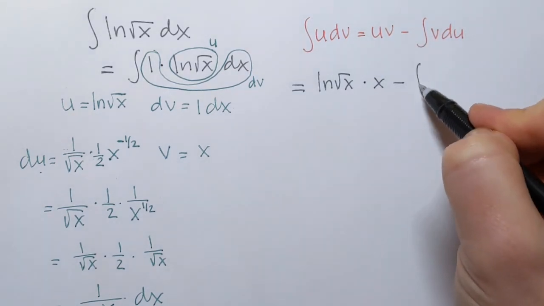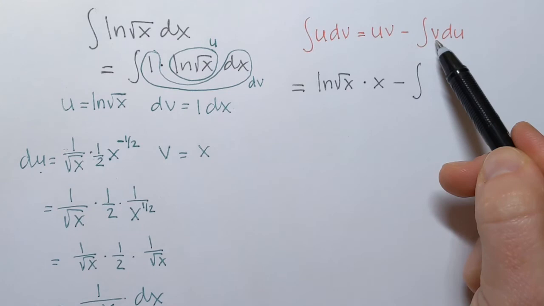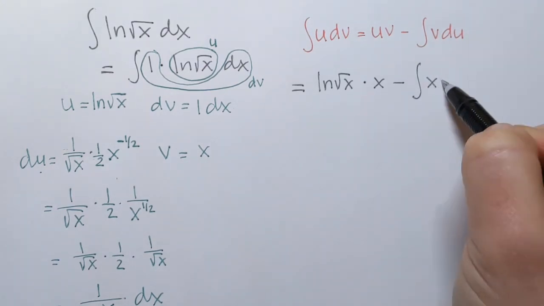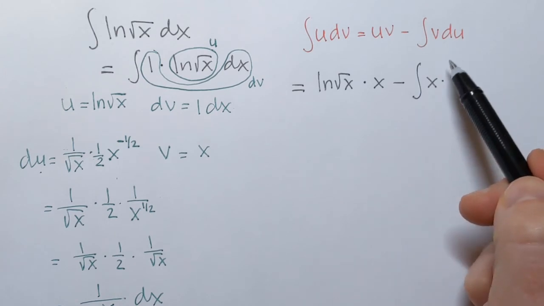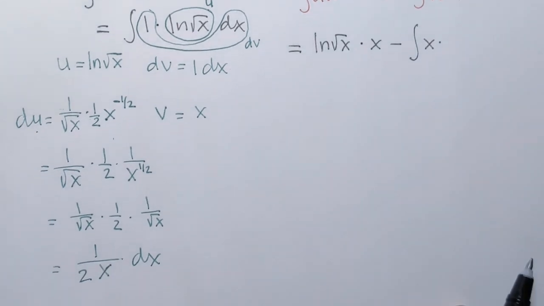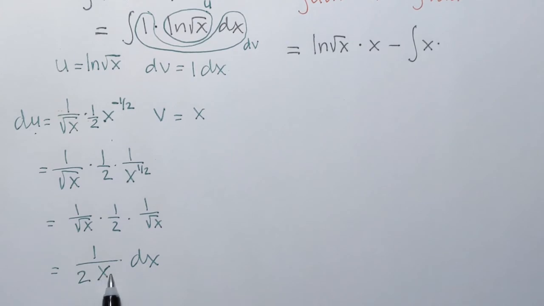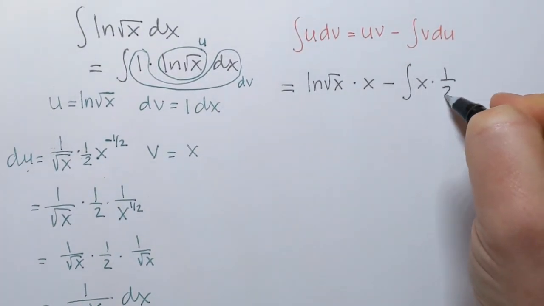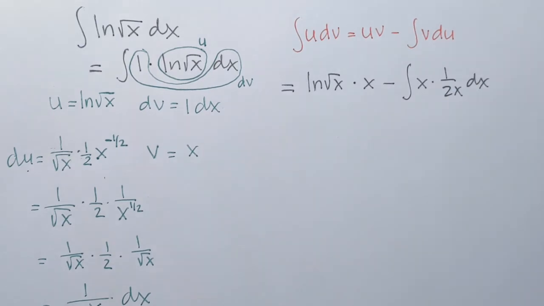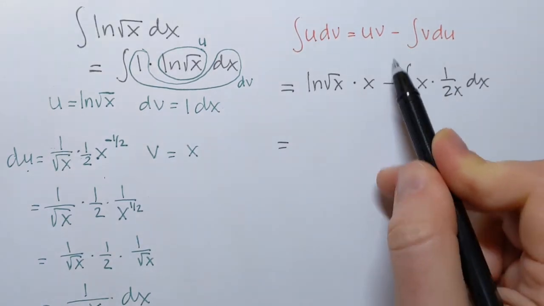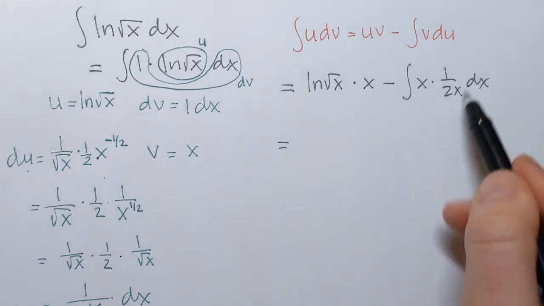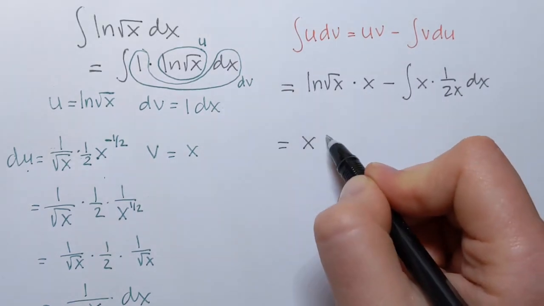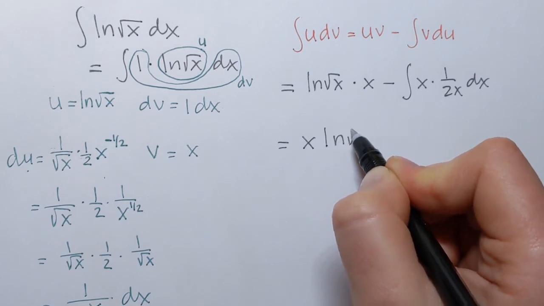Minus integral. Now here we have v, which is x, and then times du. Well, du is over here, 1 over 2x dx. A few things to simplify before we can think about the remaining integral. x, I'll put in the front, so x times ln of square root of x.